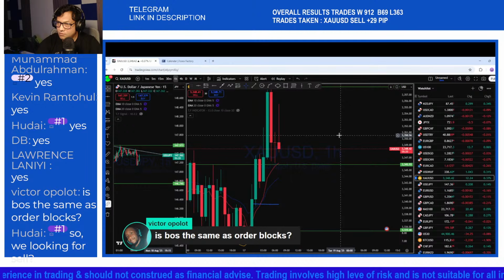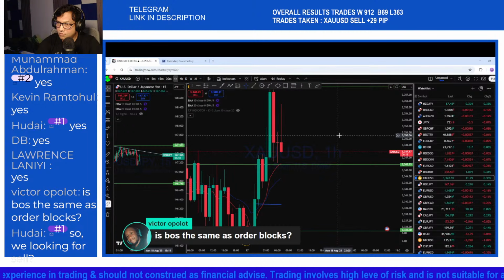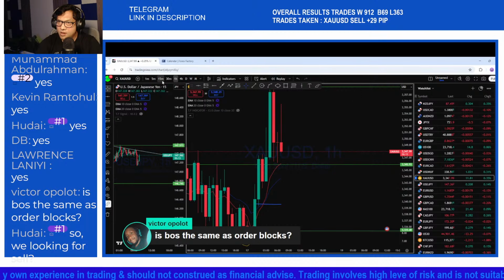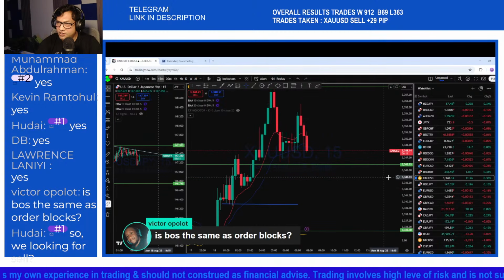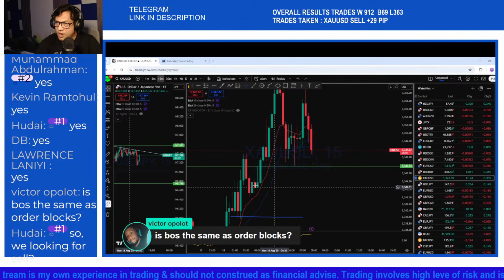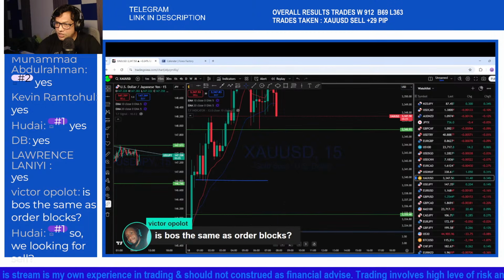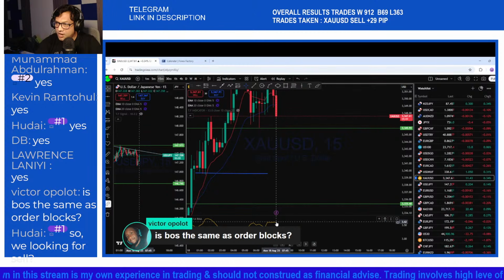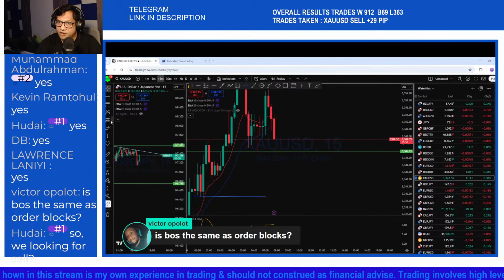There is a break below here on the lower time frame, and I'm looking at this level at the moment. We have 6 minutes for this candle to close, and let's wait to see a potential entry on the 15 minutes. There is an ATR of 36 pips here.